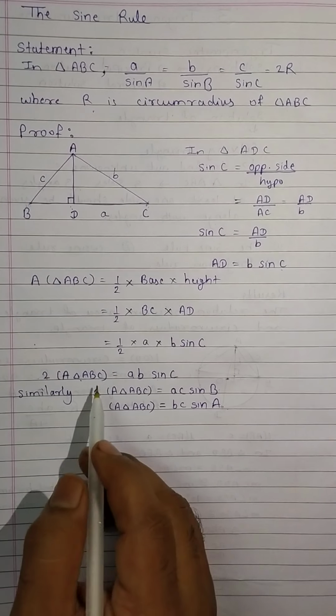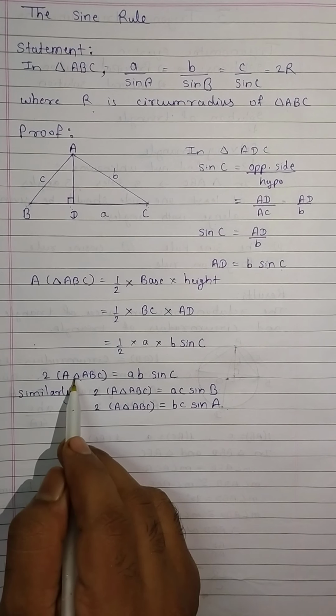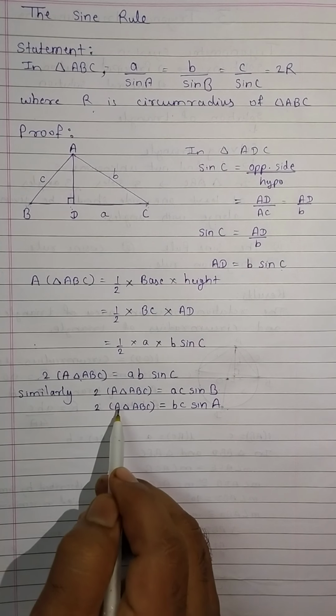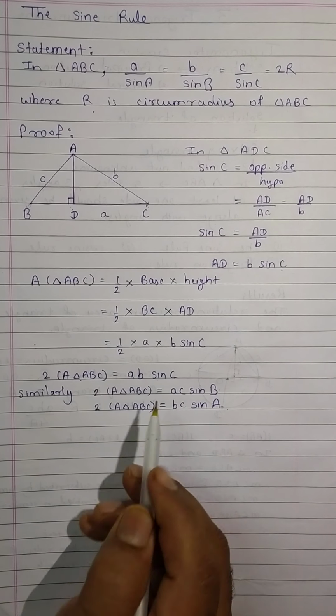So exactly the way we have solved this, you can prove these two also. Now you can see the LHS of these three results are same, so you can equate right hand side.